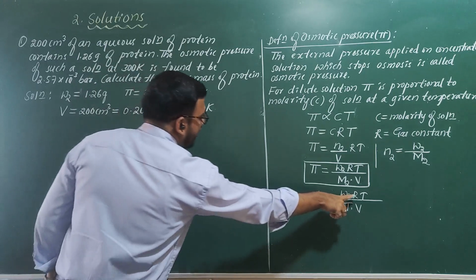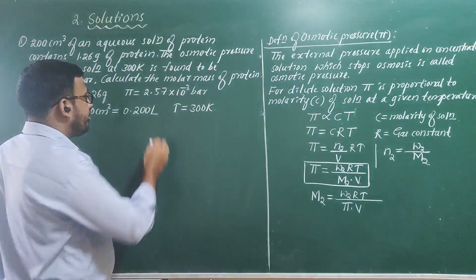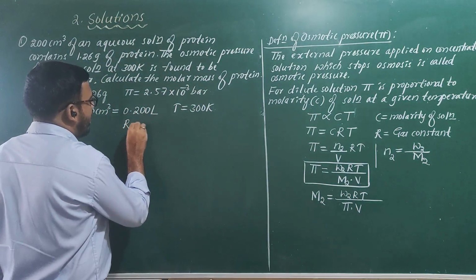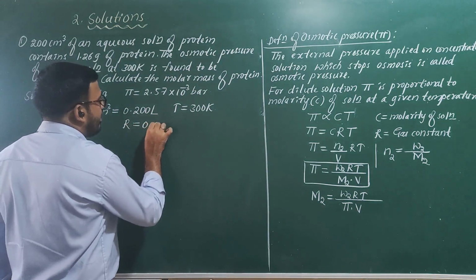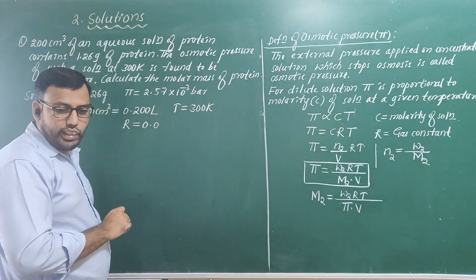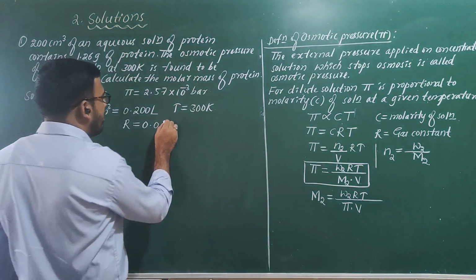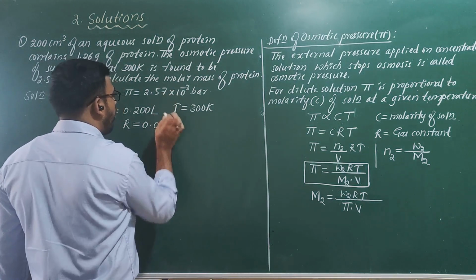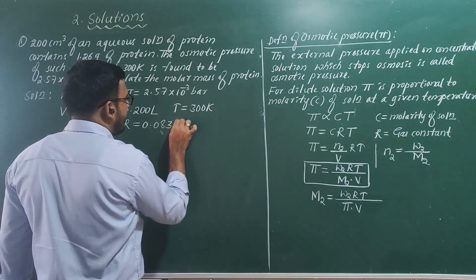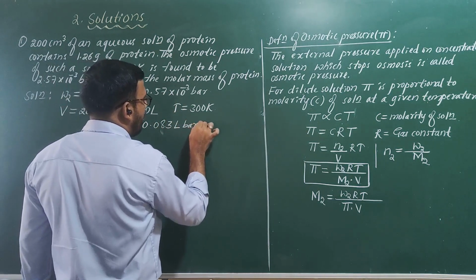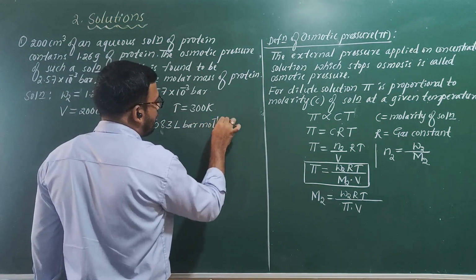One more thing we need is capital R. The value of capital R, the gas constant, is 0.083 liter bar per mole per Kelvin.